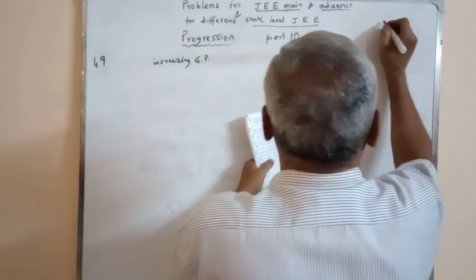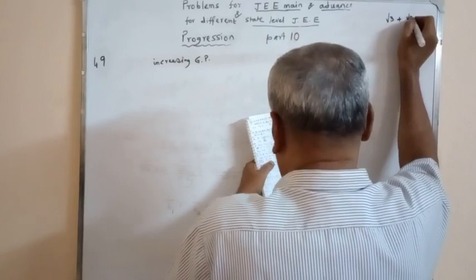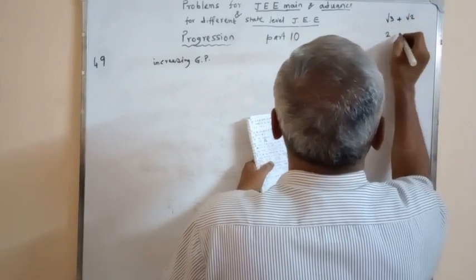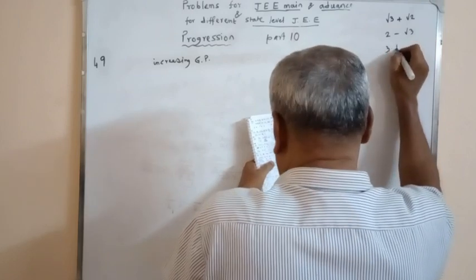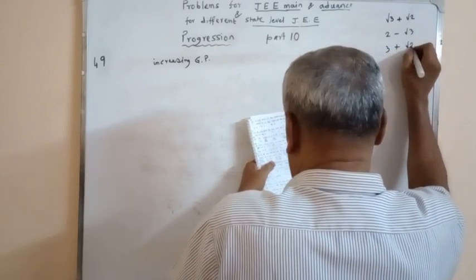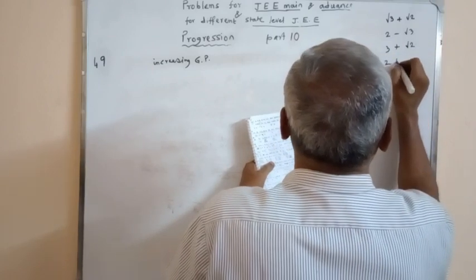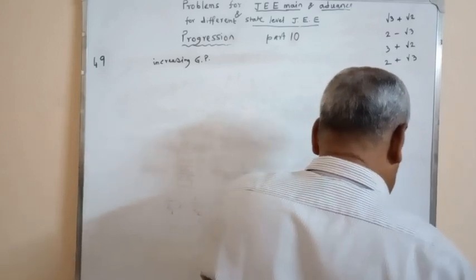The options are: root 3 plus root 2, 2 minus root 3, 3 plus root 2, and 2 plus root 3. These are the options.